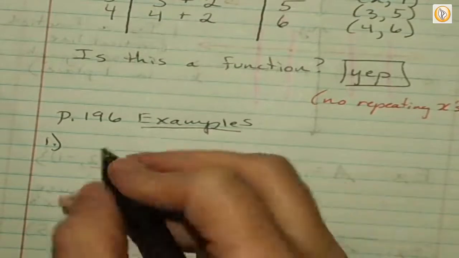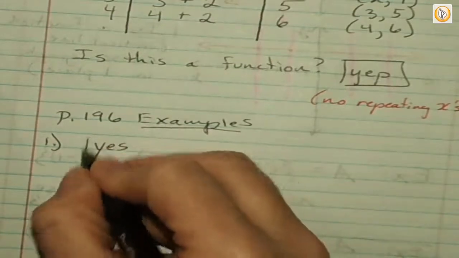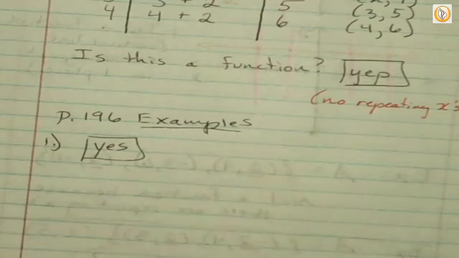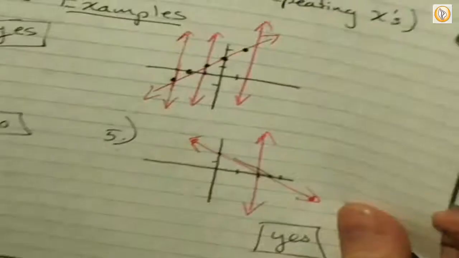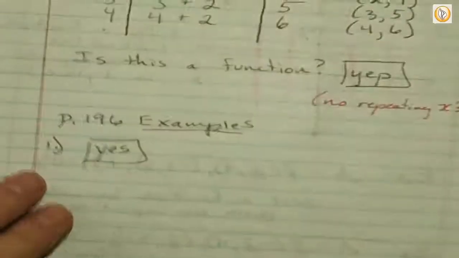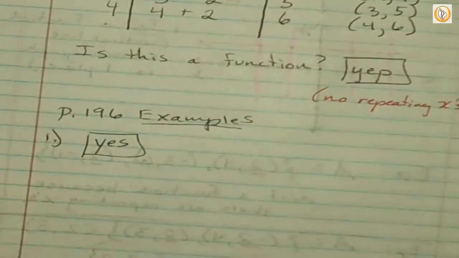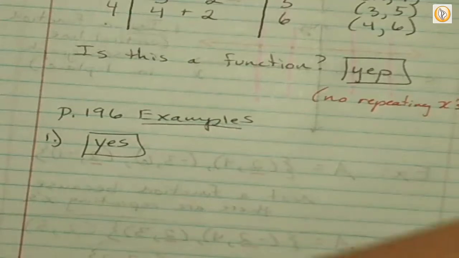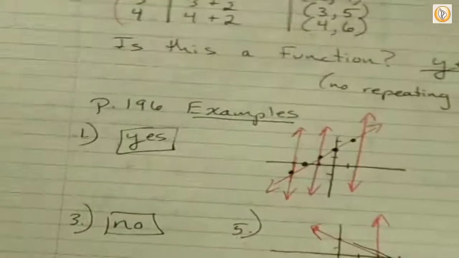How do you know? Well, if you draw a line to the dot, and then you go down, do the vertical line test, then none of them cross in two places.